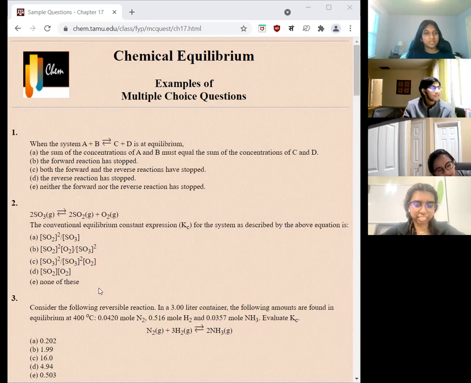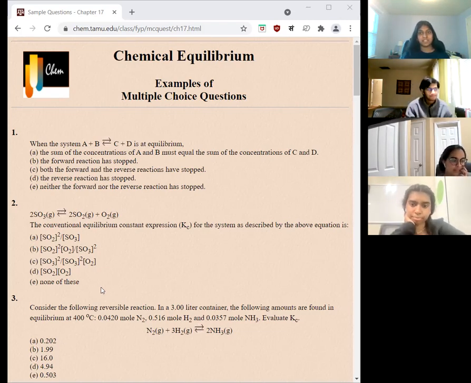I have no clue how to start this, so we could just talk about it. Okay, sure. So we just have to remember what equilibrium means here. Equilibrium just means that the forward reaction and the reverse reaction are happening at the same rate. So it doesn't mean that either of them have stopped.